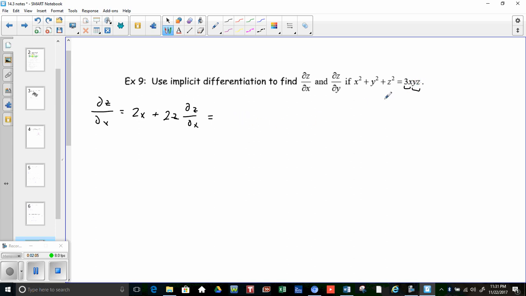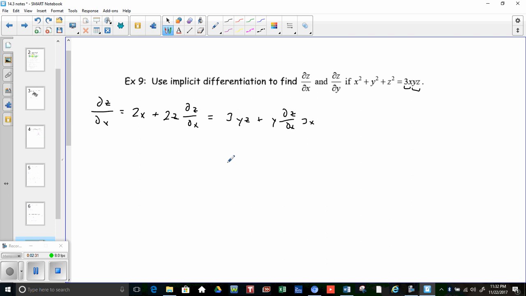So this is going to be, let's see, a product rule. The derivative of the first is 3 times the second, yz, plus the derivative of the second is going to be y times dz dx times the first, which is 3x.